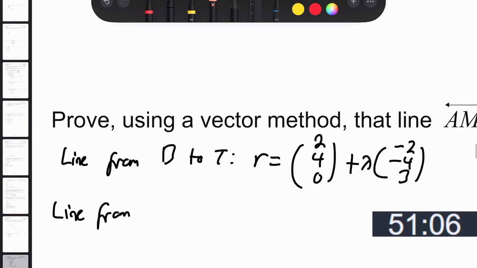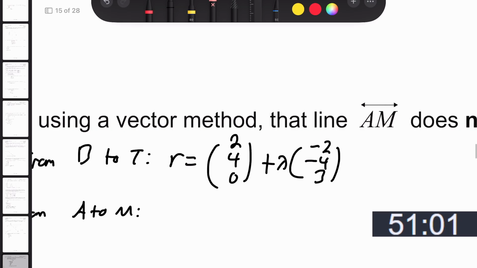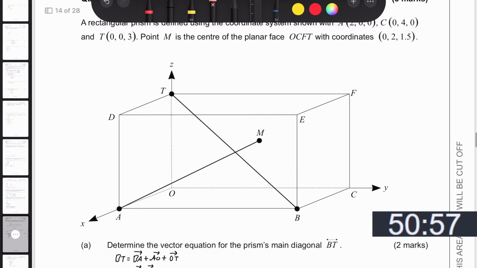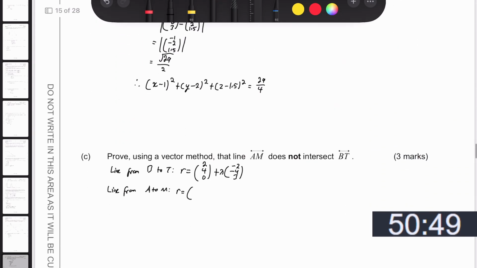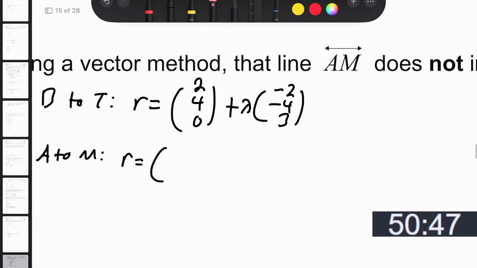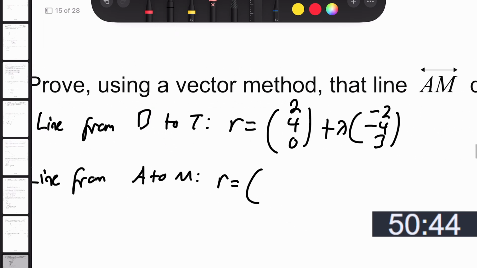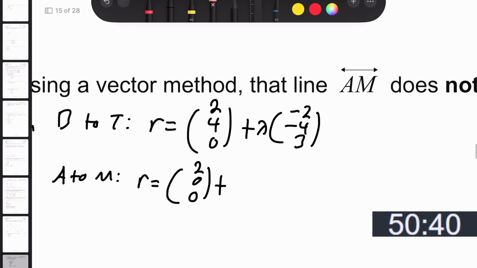Line from A to M, so R is equal to, let's say A is 200 plus mu of AM.